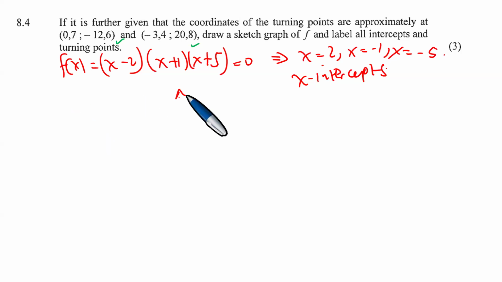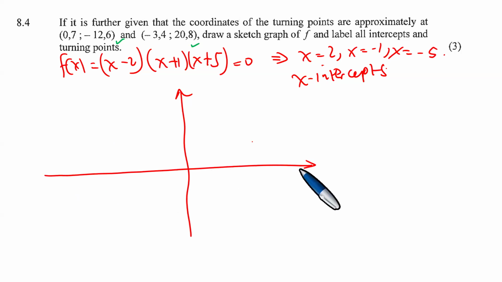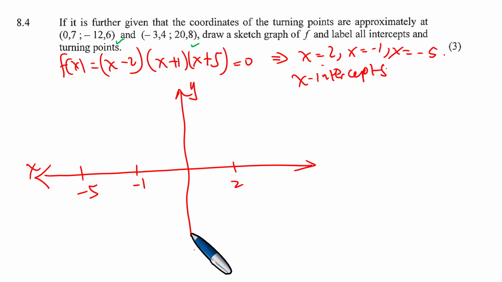Good, we're in business now. I'm going to draw the coordinate axes with y and x. The x-intercepts are at x equals minus 1, minus 5, 2. And then our y-intercept is minus 10.